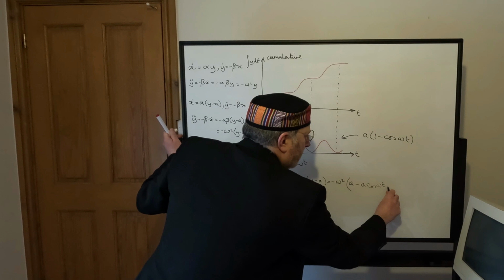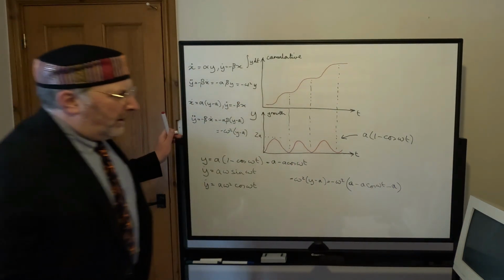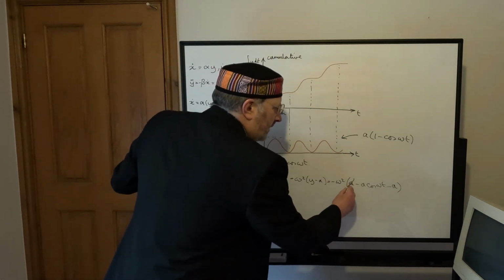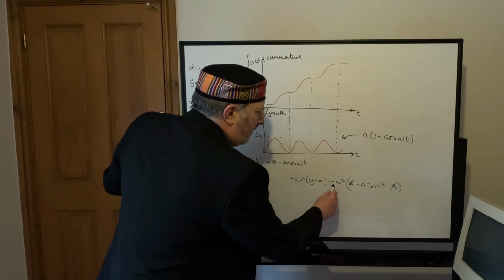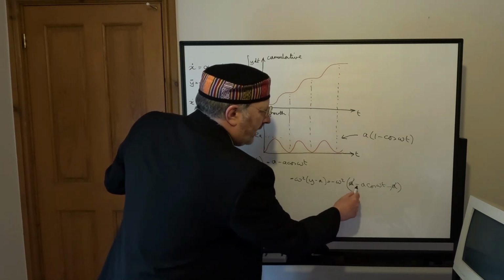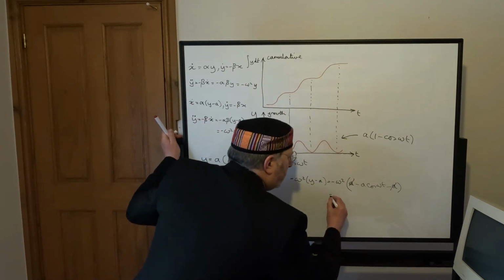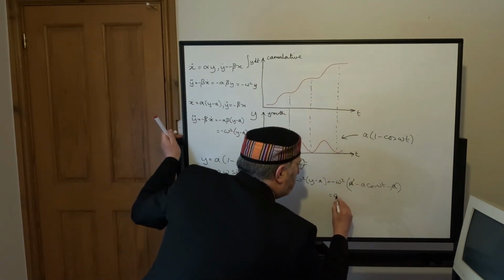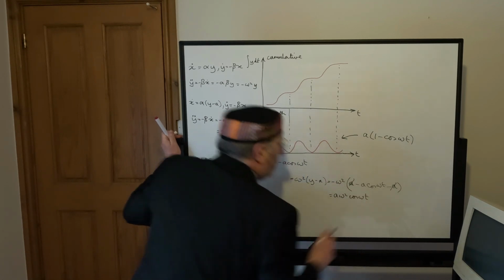Minus a. Well, the a and the minus a cancel. We've got minus omega squared times now just minus a cosine omega t. So the minus signs cancel, and we're just left with a omega squared cosine omega t.